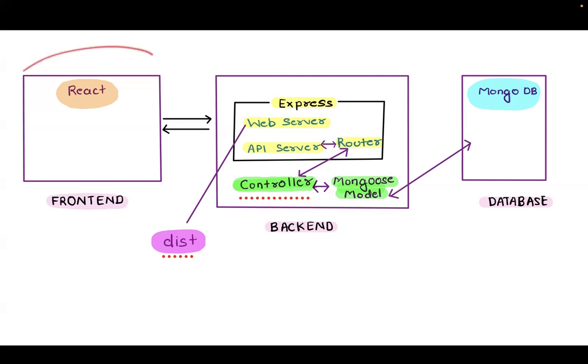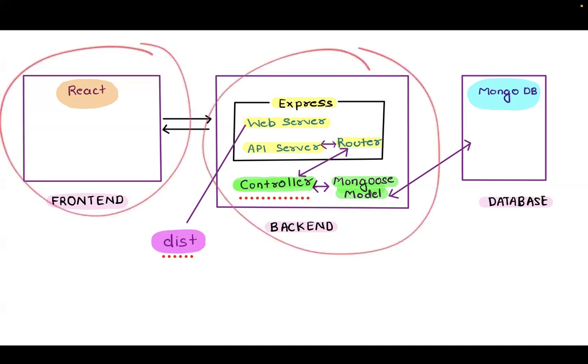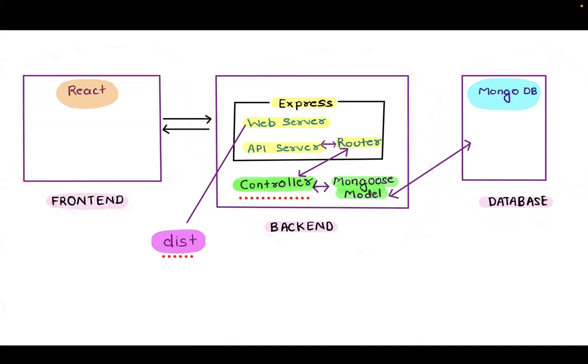So this is a 3-tier application where we have front end, back end, and a database. Got it? Okay. Now, if you understand this diagram well, you will easily be able to understand the Node.js application. It is going to be much, much simpler than the previous session discussion.